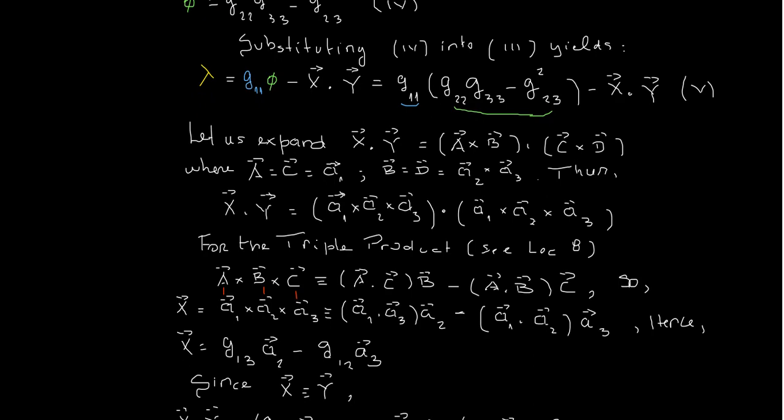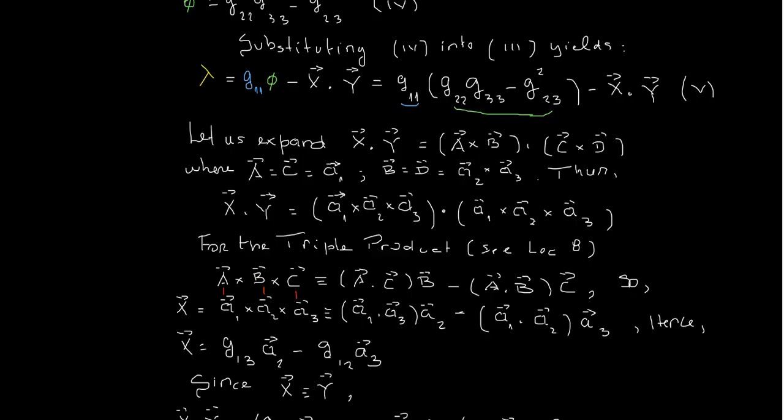In this identity, A1 dot A3 is a scalar, times a vector A2. Again, A1 dot A2 is a scalar times a vector. So each term here is a vector. This is not a surprise because the triple product is a vector, so X is a vector.